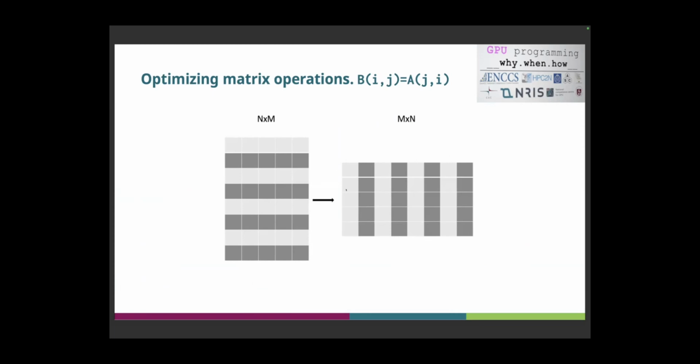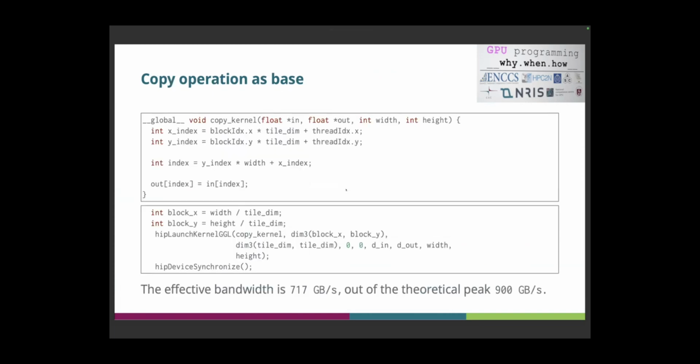In this case, there's actually no computation, it's only memory transfer. So we can see that the bandwidth, if we do it in the naive way, is quite small. And so we can also learn something more about the HIP kernel language.